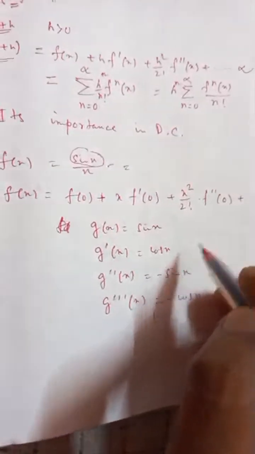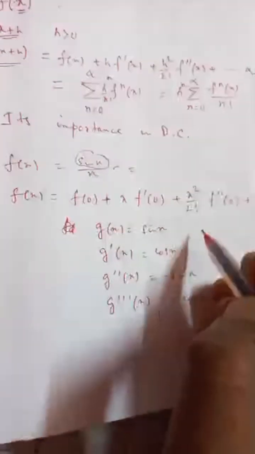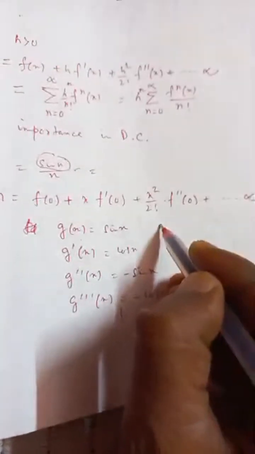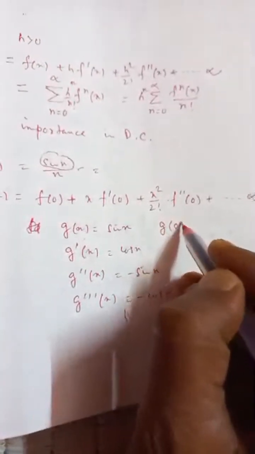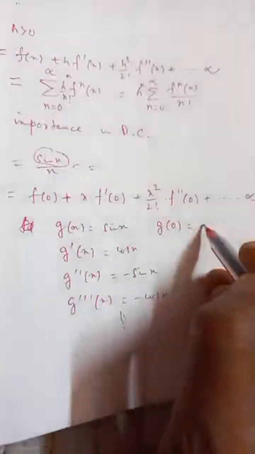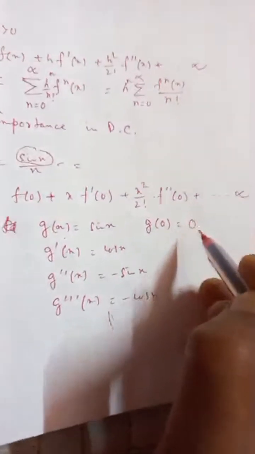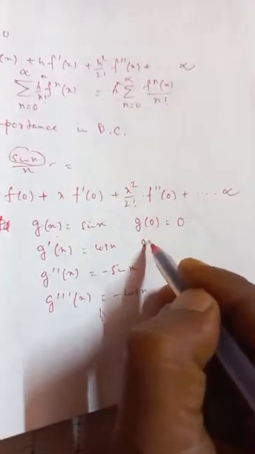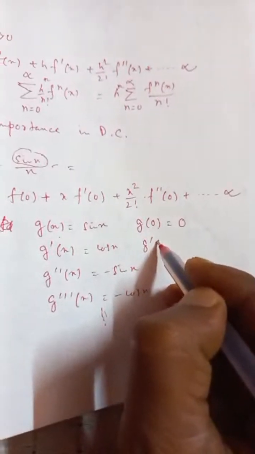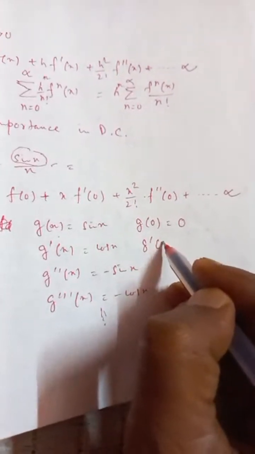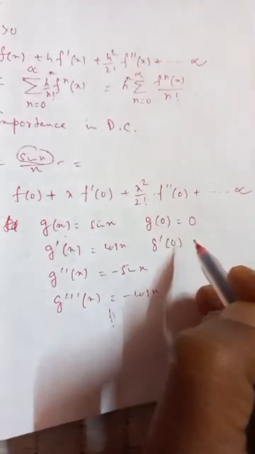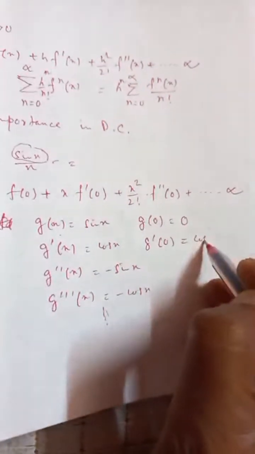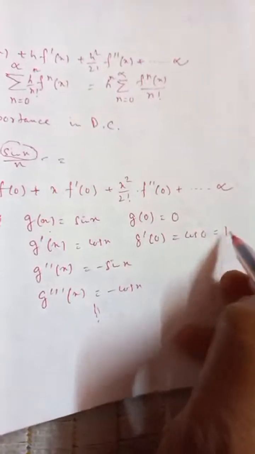Here if we put 0, then g(0) will be sin 0, the value is 0. The first derivative of g at the point 0 will be cos 0, its value is 1.